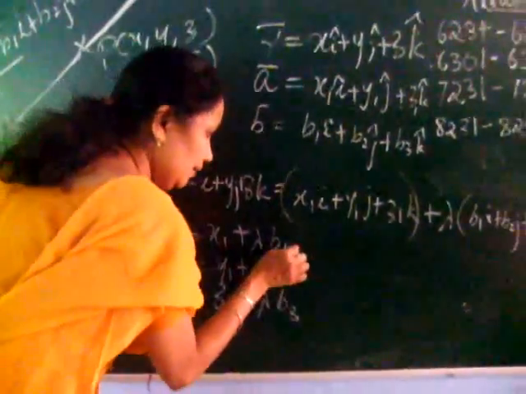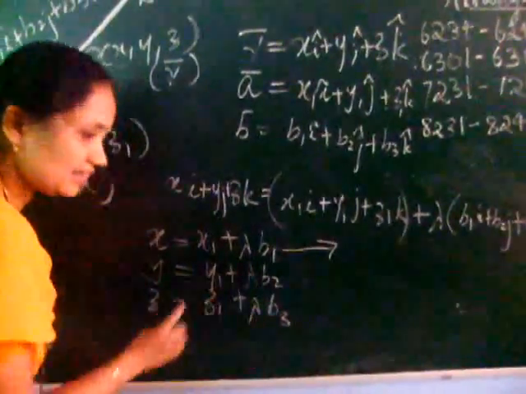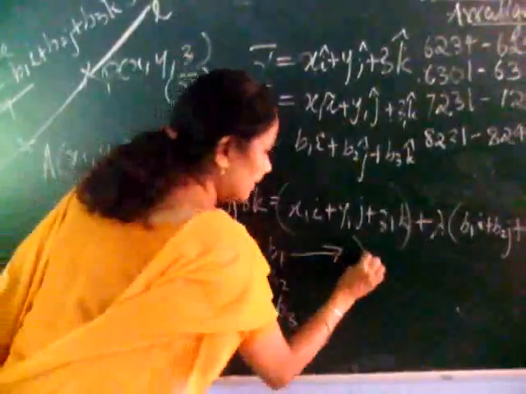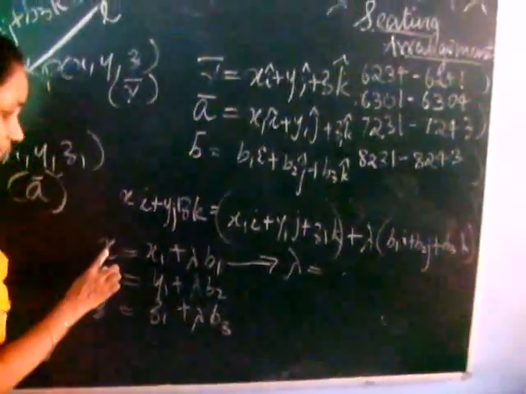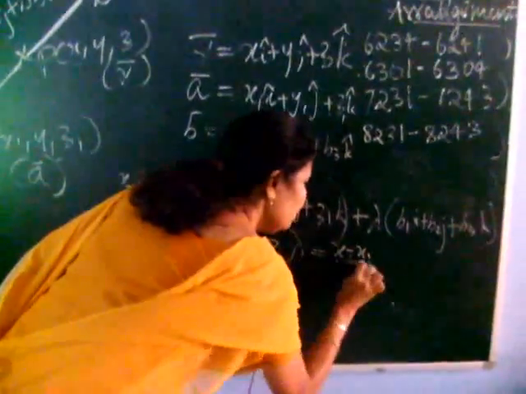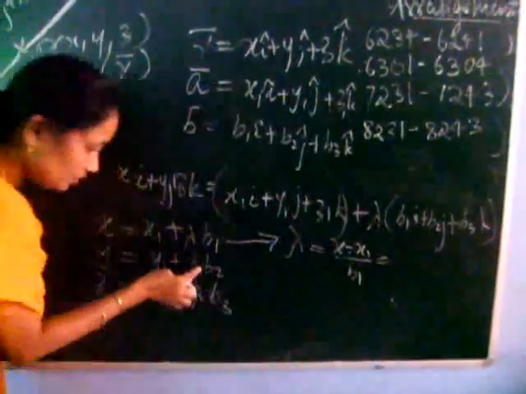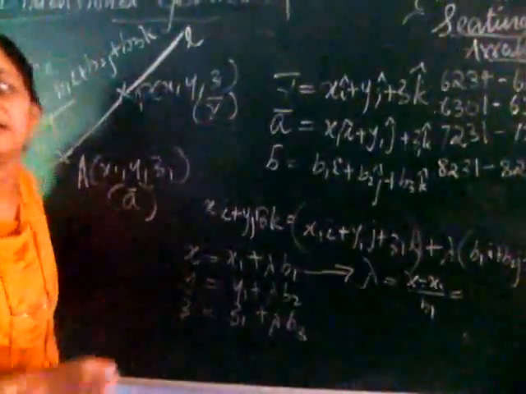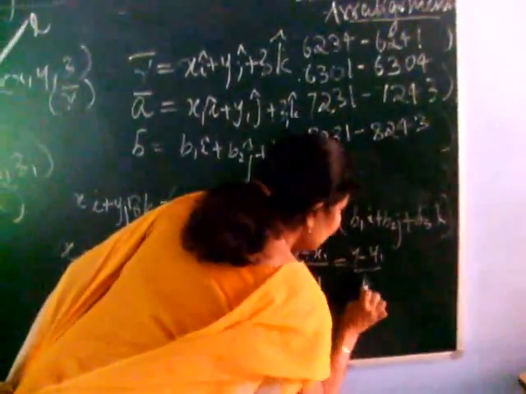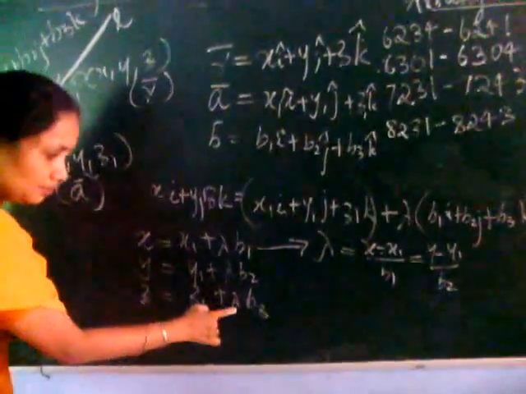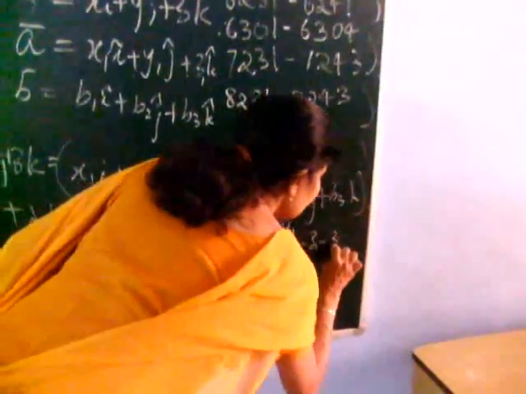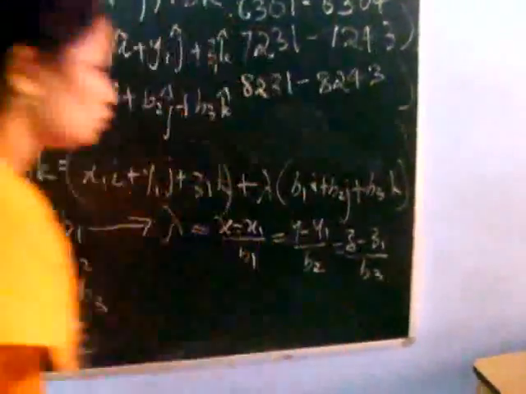And from these three, you can see that lambda is the same. It's a constant. So you can get an expression for lambda as x minus x1 by b1, which is equal to the same lambda from the second equation, that is y minus y1 by b2, and from the third equation, that is z minus z1 by b3.